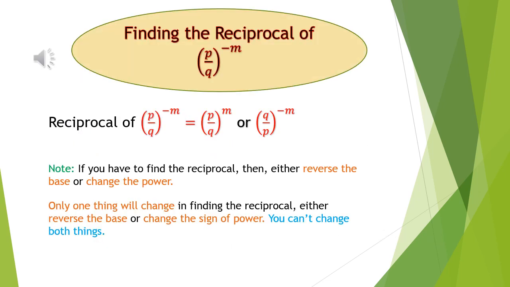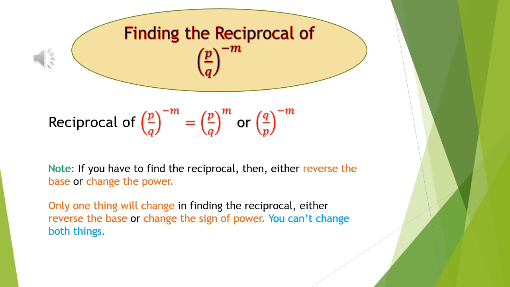Now, another concept is to find the reciprocal of p by q whole power minus m. How will you find it? There are two ways. The first way is to change the base and keep the power as it is.